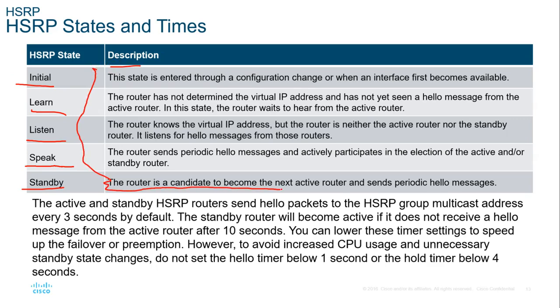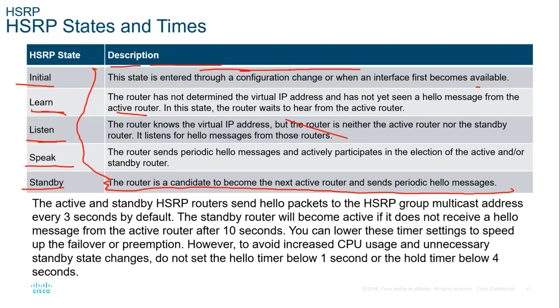You can go through your slides to read these descriptions. The initial state is entered through a configuration change, or when an interface first becomes available. Then learn: the router has not determined the virtual IP address and has not yet seen hello messages from the active router.